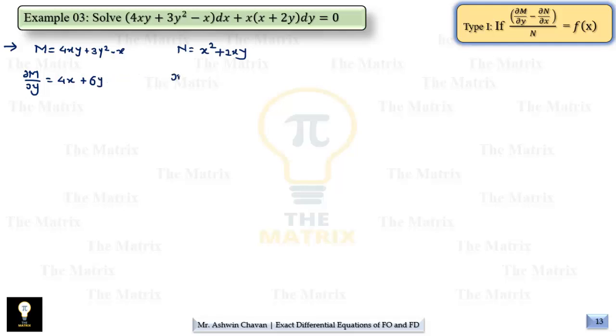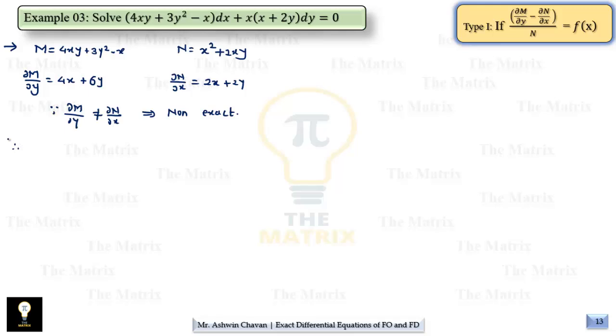And the derivative of N with respect to x is 2x plus 2y. So since dou M upon dou y is not equal to dou N by dou x, the given differential equation is non-exact. So we go for the observation of an integrating factor.